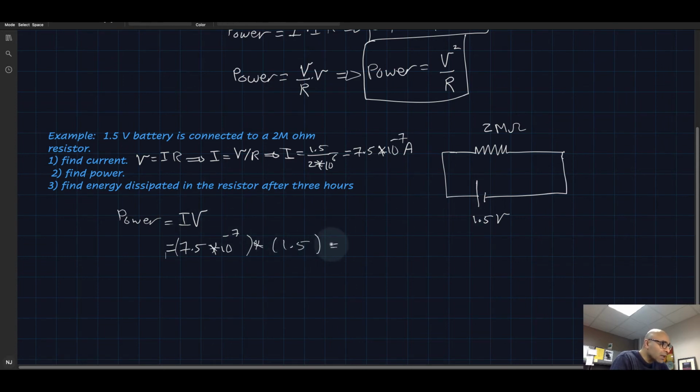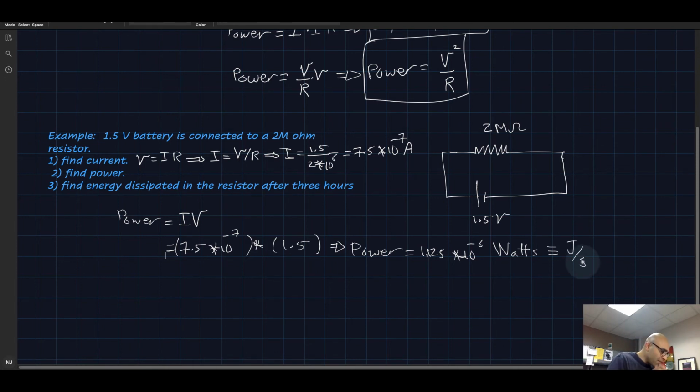And if we calculate that, we find the power is equal to 1.125 times 10 to the minus 6 watts, because power is measured in watts, and a watt is equal to joule per second.